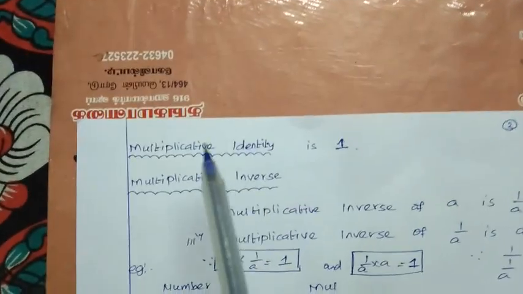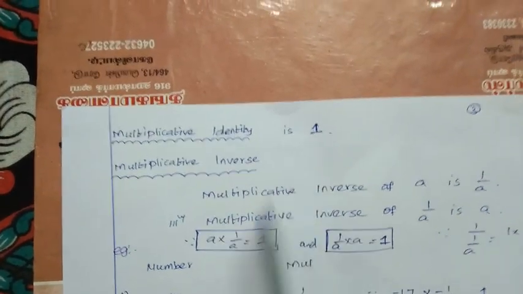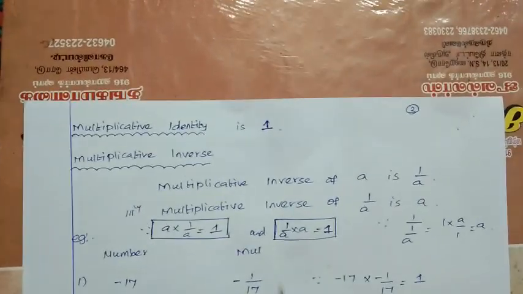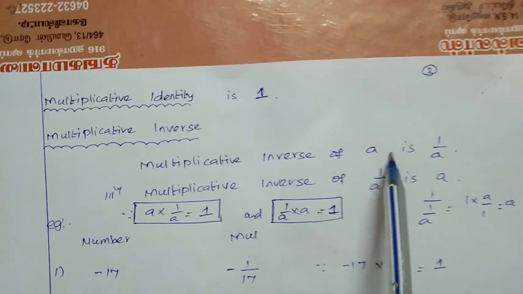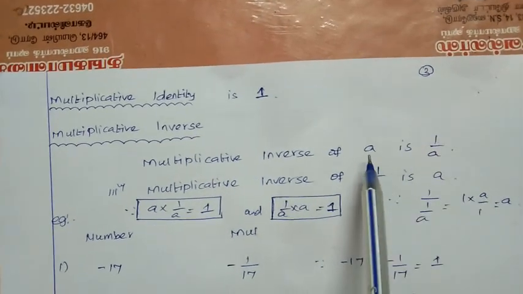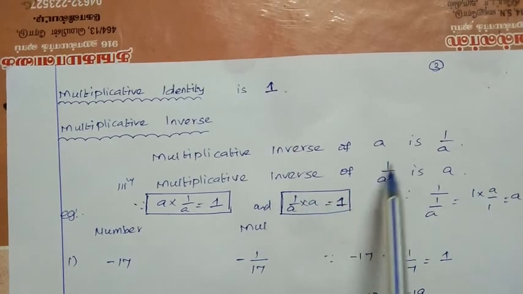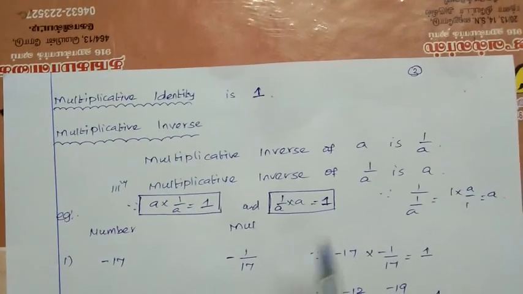Now come to multiplicative identity. So multiplicative identity is 1. Why this multiplicative identity, we can learn. The multiplicative inverse of a number is its reciprocal. The multiplicative inverse of a is 1 by a. Now the multiplicative inverse of 1 by a is a. So why?